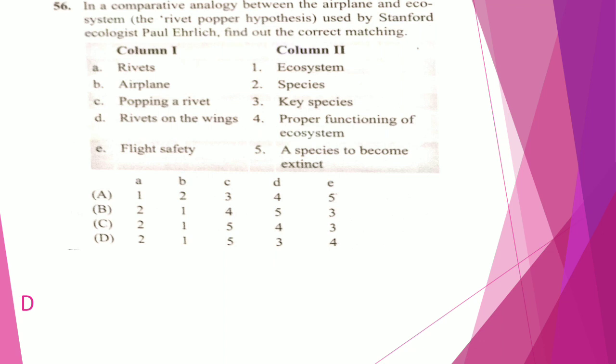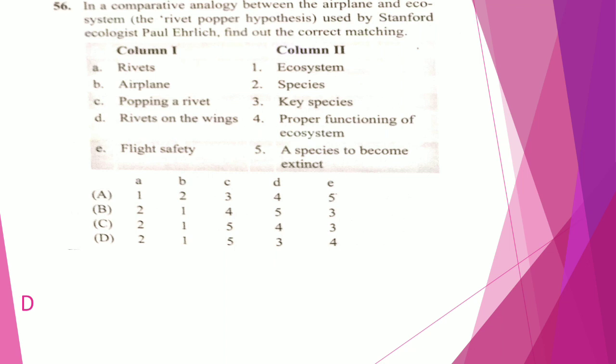When you take the aeroplane as an ecosystem, you can see it is joined by different rivets, in simple words, bolts or nuts, and those are connected with the help of wings. Now if wings are not there on the aeroplane, or the wings have been broken, what happens?